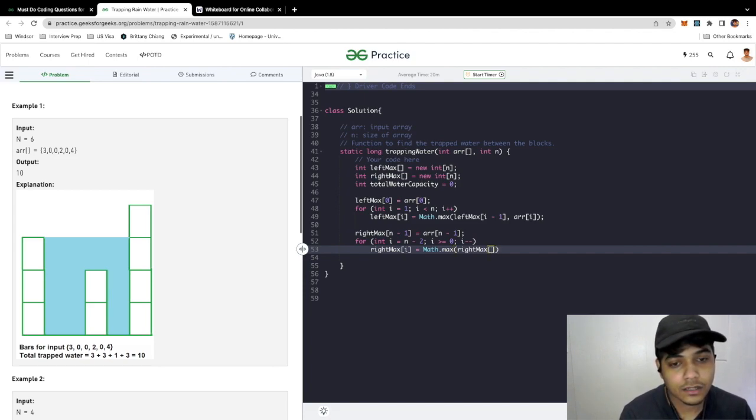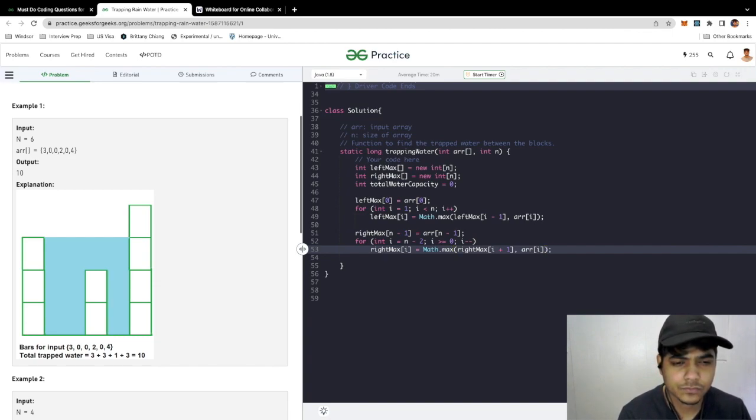Is it minus one? I think it's i plus one, because we need to check the previous element, in the sense that the next element. So we're going in the backward direction here. We need to check that and the array element at i right now. So that should be it.